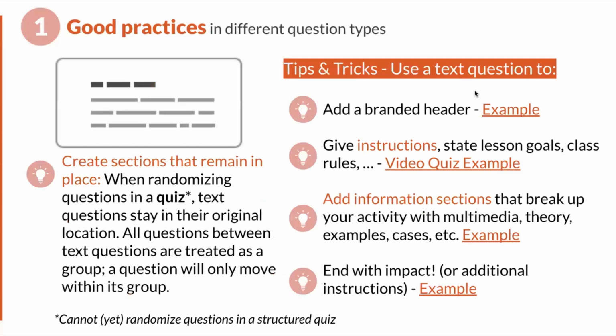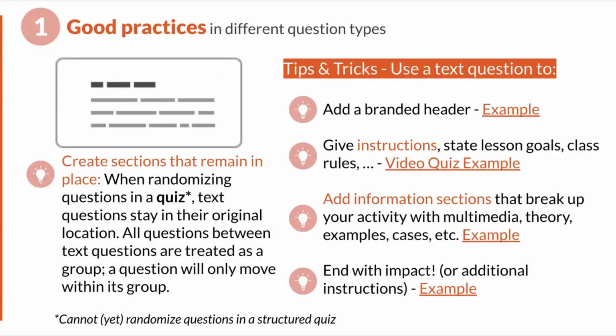And also, here's another idea for design. If you are using a text question, it's not really a question type, obviously, but you can use the text to make sections in your quizzes. So if you're just doing a quiz, one question at a time, you can have a text question be kind of like a header, and then your other questions.